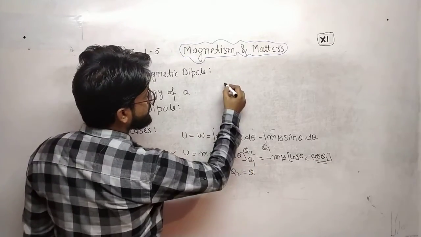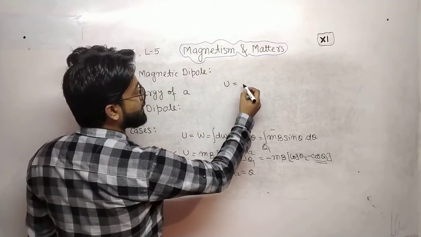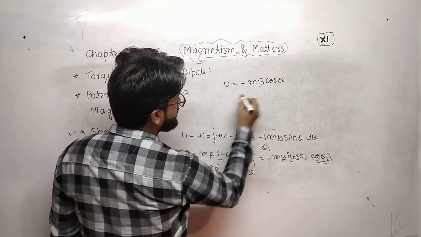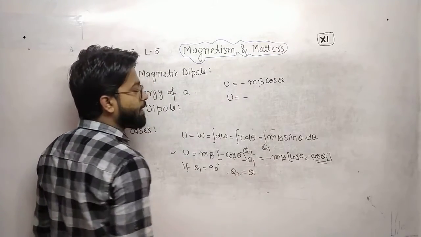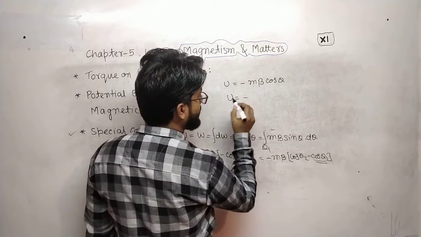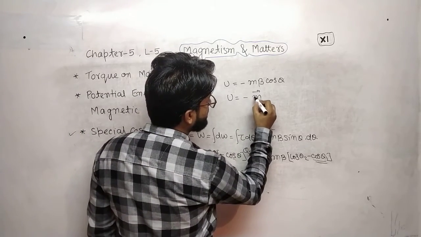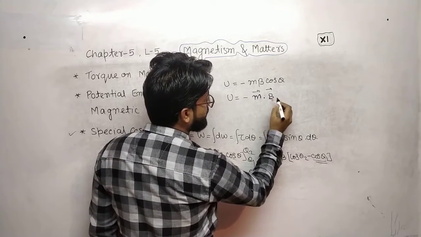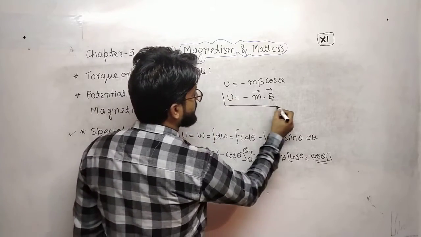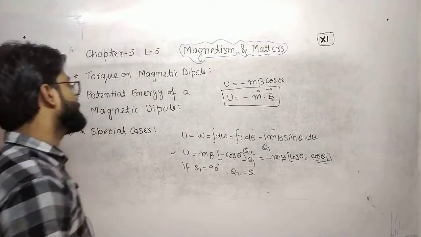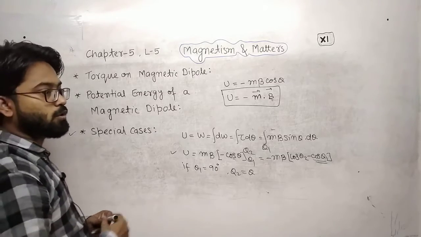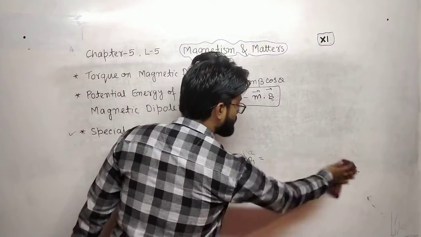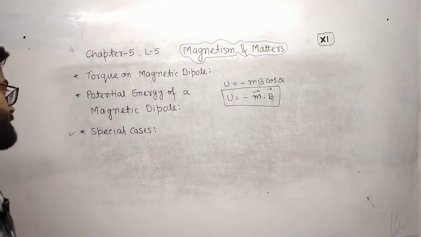The potential energy formula U will be equal to minus MB cos theta, because M and B both are vector quantities. Then you can write vector M dot vector B. This is the formula for the potential energy stored in a magnetic dipole when it is rotated in a uniform magnetic field. Okay, now let us move toward the special cases.